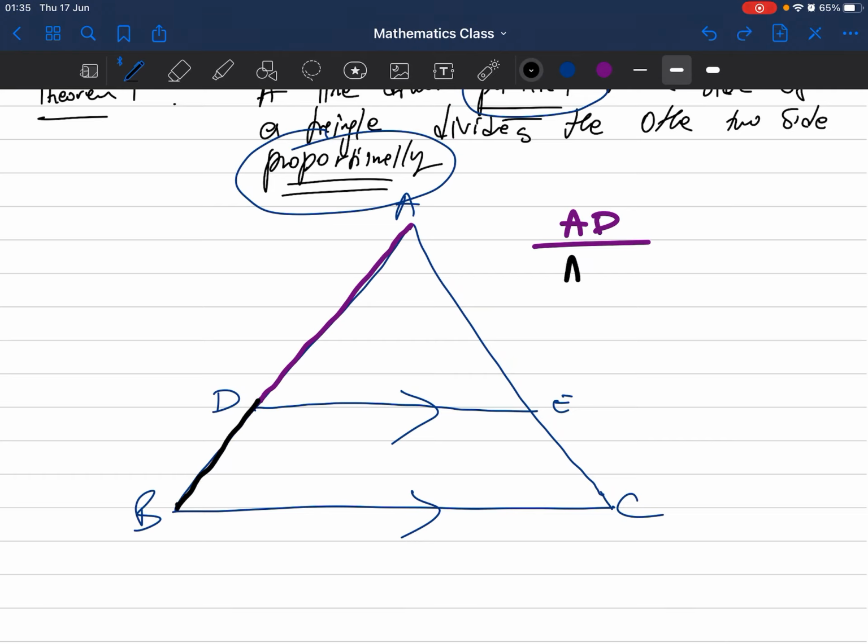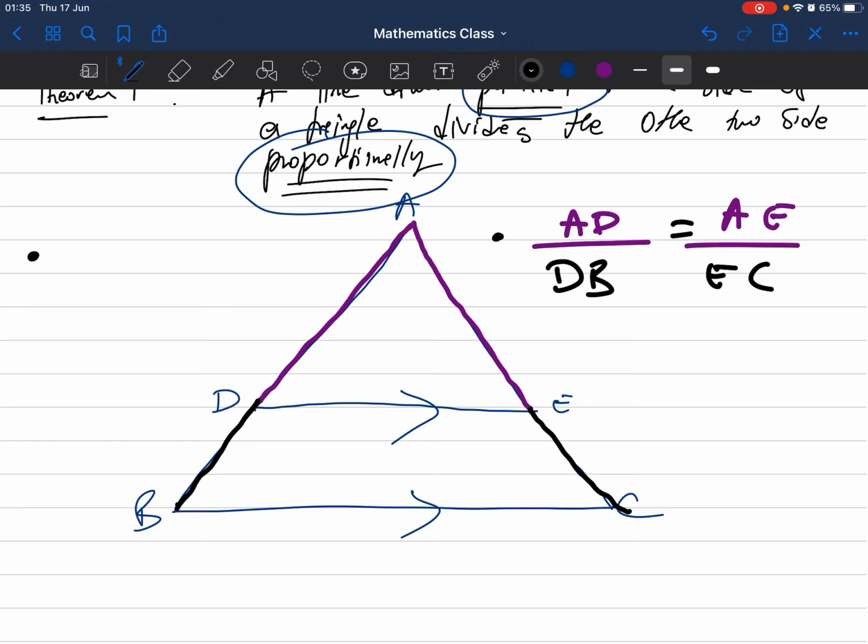Okay, so if you take AD over DB, you take that proportion, what you're gonna get is this is equal to AE over EC. So this one means that these two sides are divided proportionally. Okay, so it really depends on what you're looking at.